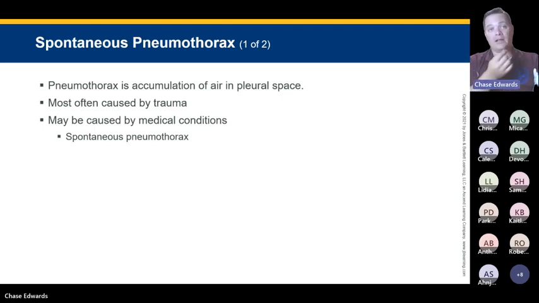A lot of times when people cough really hard, you can get it from infections and things like that. Somebody's really sick, they cough really hard, they can actually cause a spontaneous or a simple pneumothorax. A lot of times it happens in our taller patients, and it's usually associated with a pretty fair amount of chest pain.